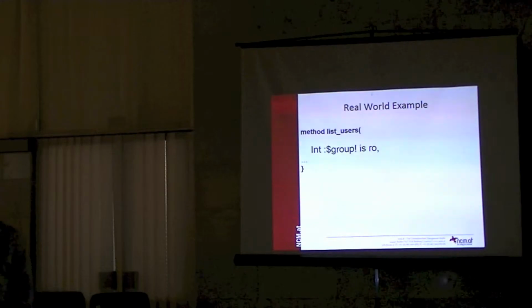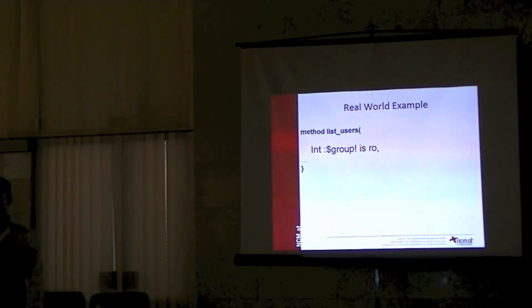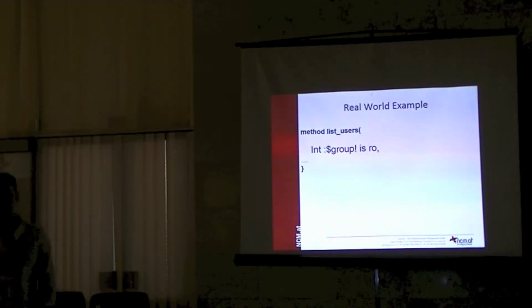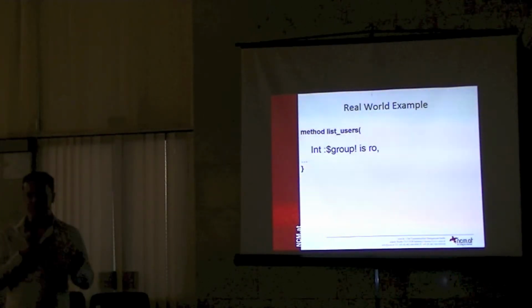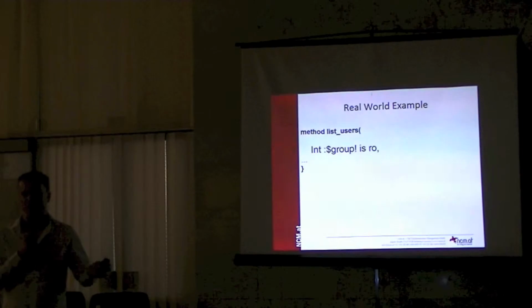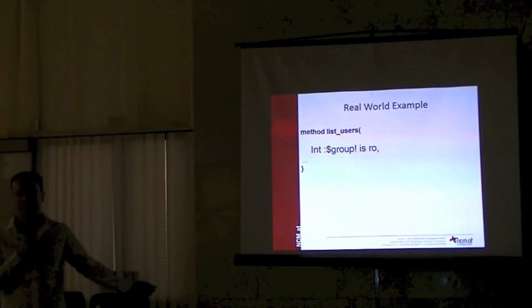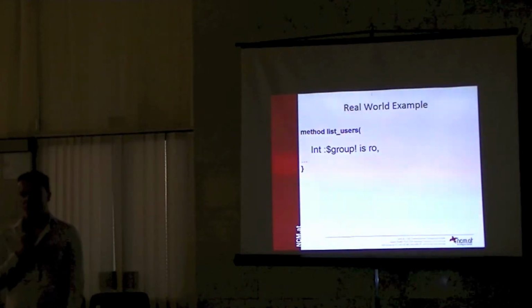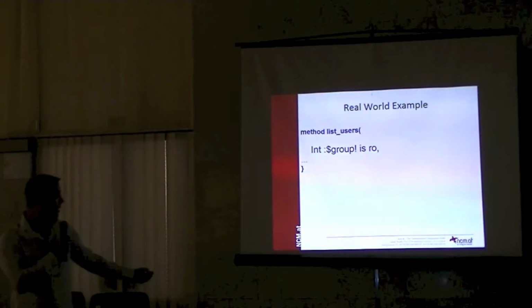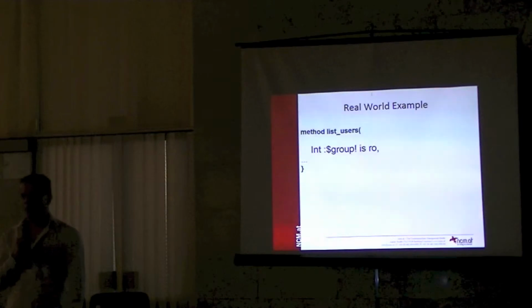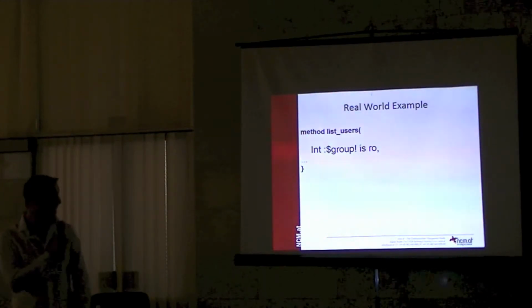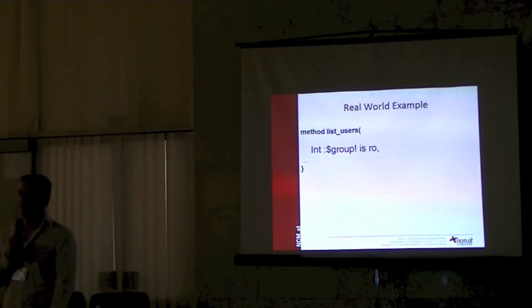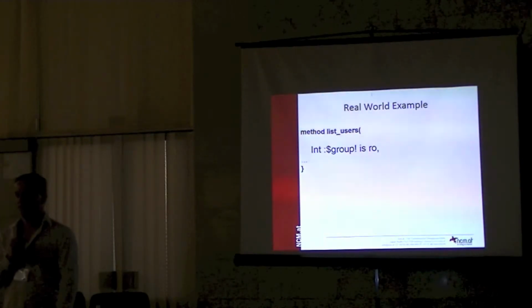First, the Int means we're going to do a type checking of this parameter. So if you pass something that is not an integer or cannot be cast into an integer, then the method signature is going to throw an error. The second one that is really useful, the colon. The colon says it's a named parameter.